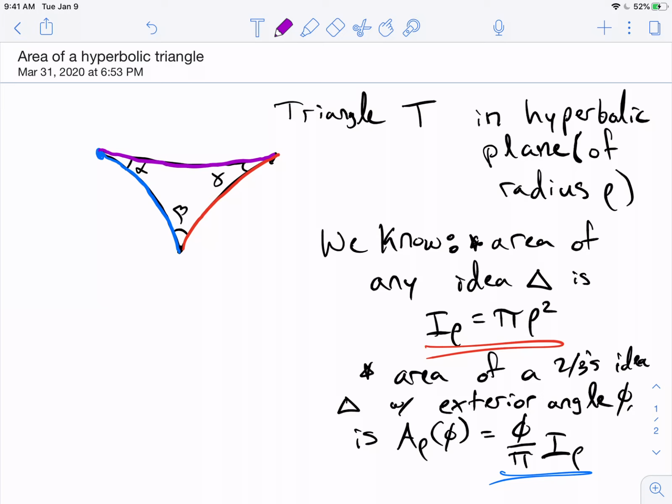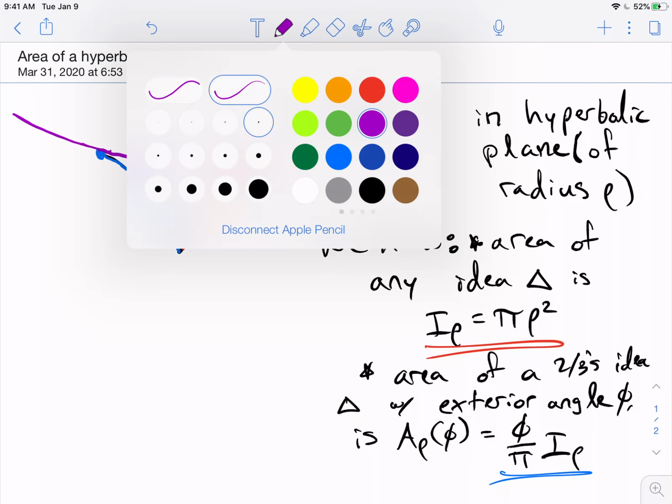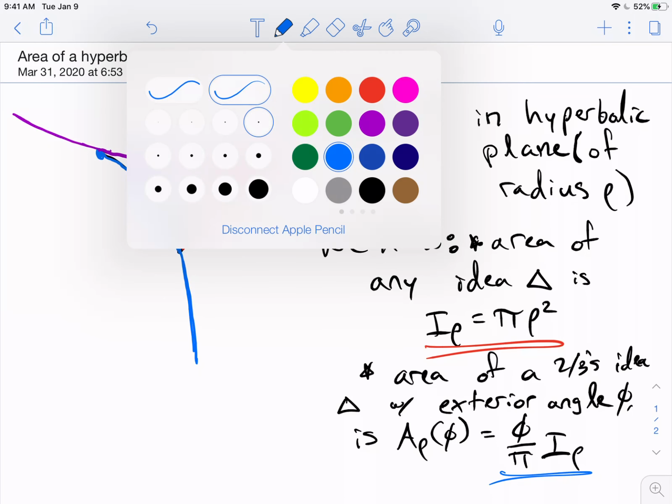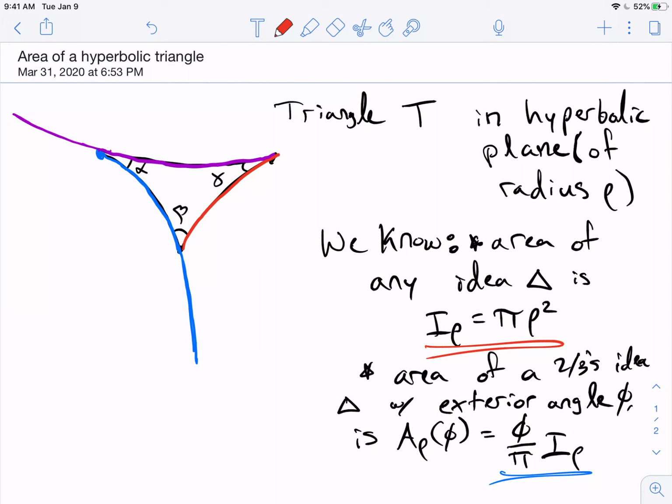We extended the edges of the triangle, which let us compare things to loons. In this case, we want to compare things to what we know, which is ideal triangles and 2/3 ideal triangles. And my hint is, don't extend all the edges that you can. Just extend each of these edges in a single direction.